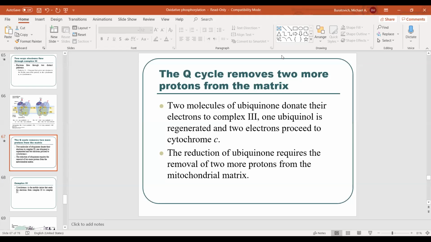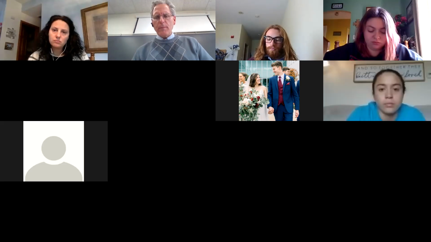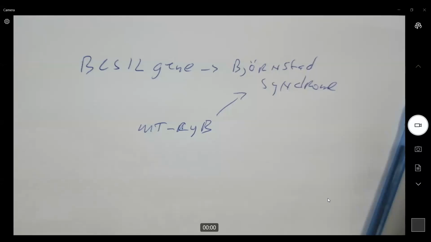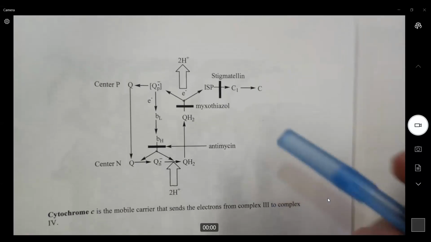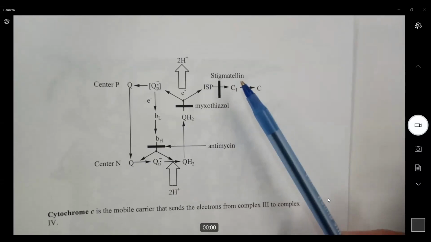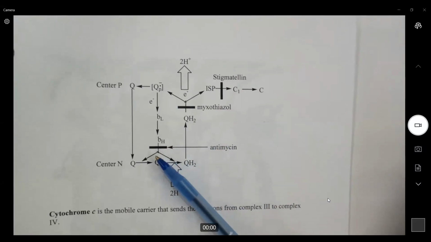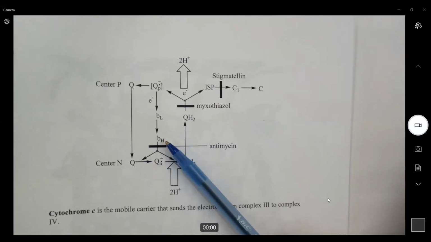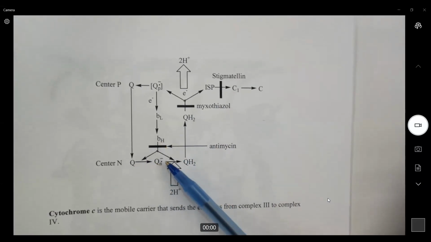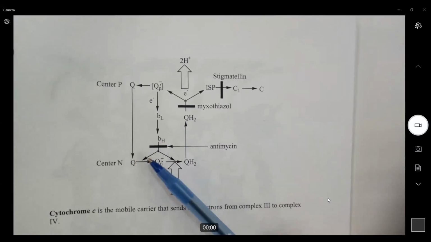One other feature I forgot to mention. Complex 3 is subject to inhibition by several chemicals. So antimycin blocks the transfer of the electrons from the high potential cytochrome B to ubiquinone.